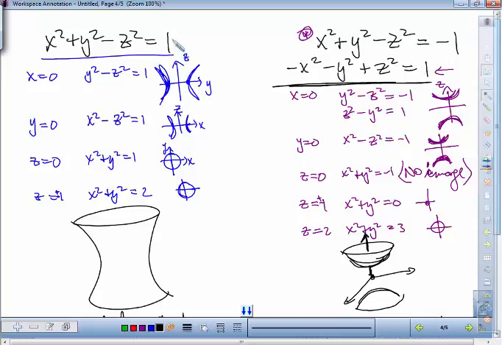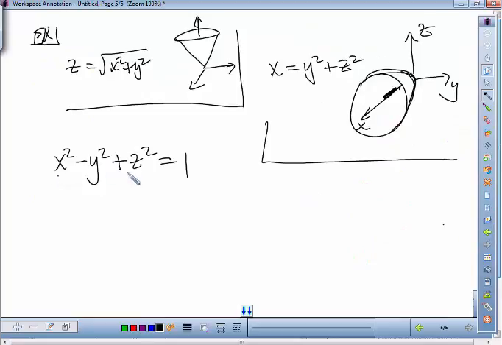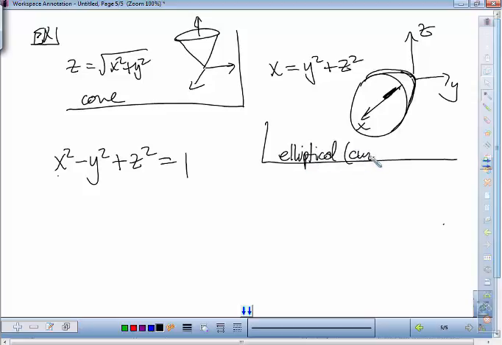Okay, so I think it follows this form. We got x and the z are both positive. The y is negative, so there's only 1 negative, while the right-hand side, the constant, is a positive constant. So this is 1 sheet. Maybe I should label these. This is a cone. This is an elliptical, I'll put elliptical, but circular.